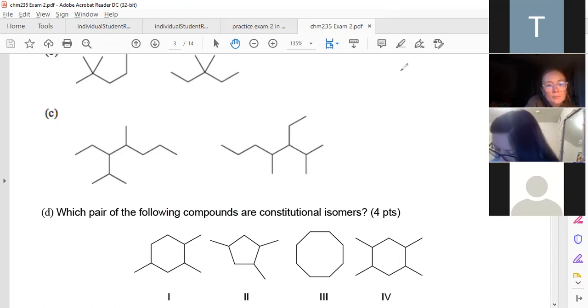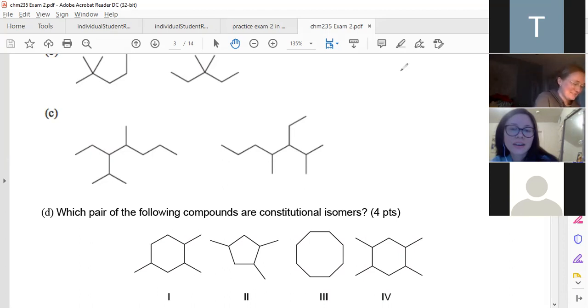Constitutional or conformational? You want to be able to identify quickly. I've already identified it. Faster, better. It's the same molecule? They're the same molecule. They're just arranged differently. So that's conformational.